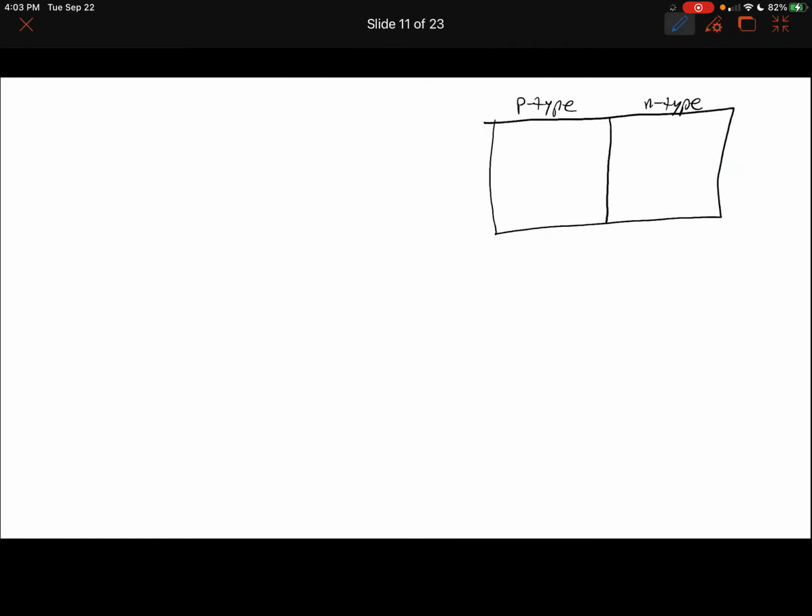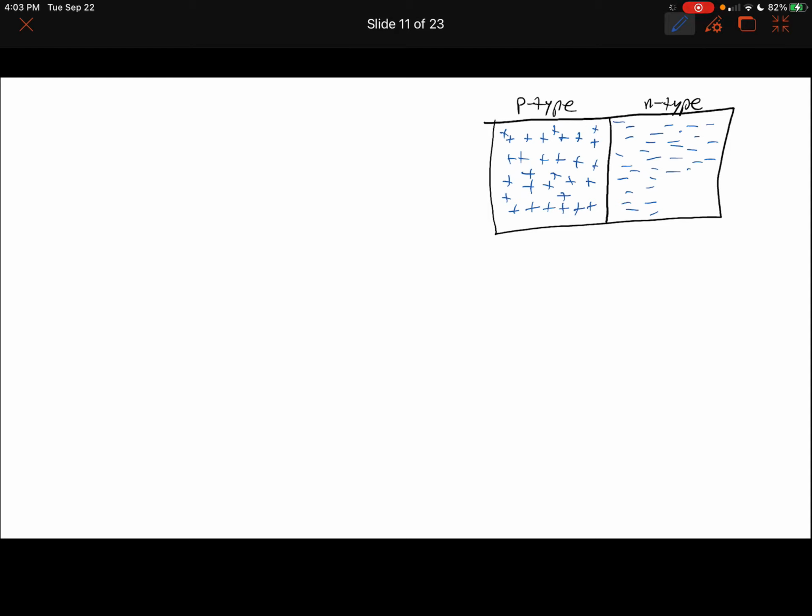So in a p-type semiconductor, we'll have many more holes than we have electrons. And I'm trying to make them evenly distributed here, but I'm not very good at it. And on the other side, we're going to have a bunch of electrons. And we could have more electrons than holes, or more holes than electrons.